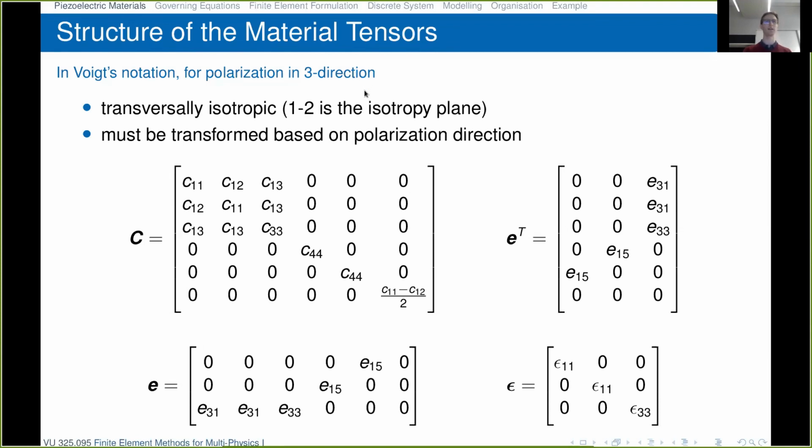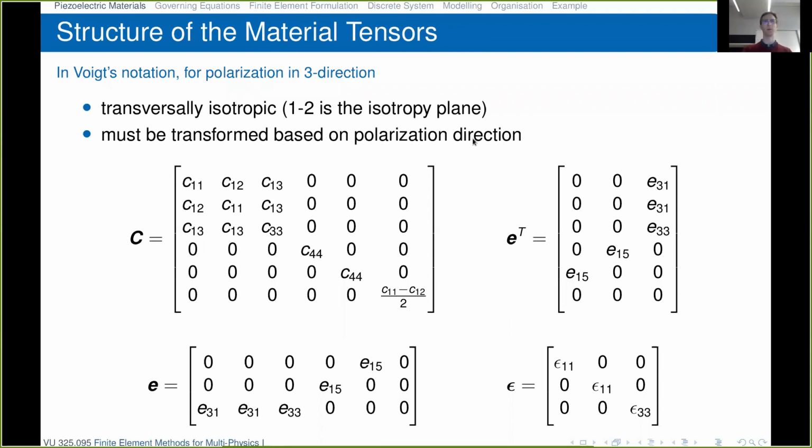That means they have one plane where the material behaves directionally independent, so isotropic, and the direction transverse to this plane where the behavior is different. And typically the polarization direction determines the distinct axis that is normal to the isotropic plane for this material.